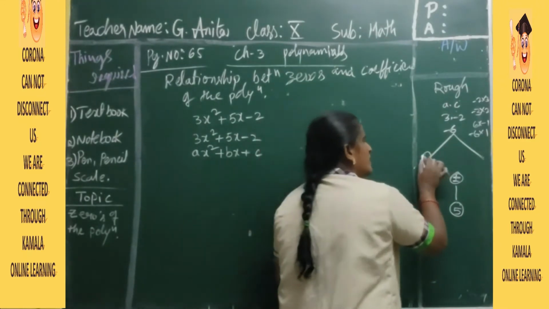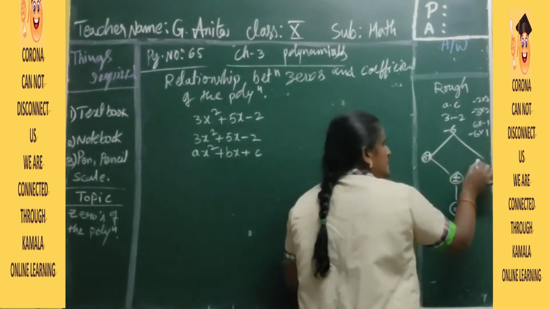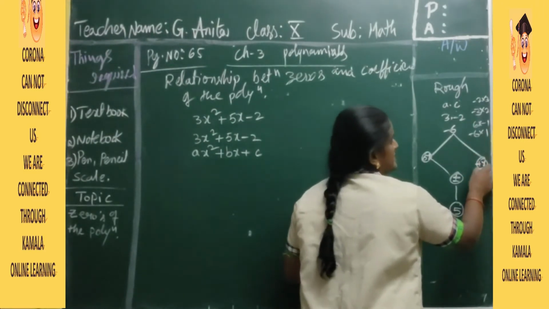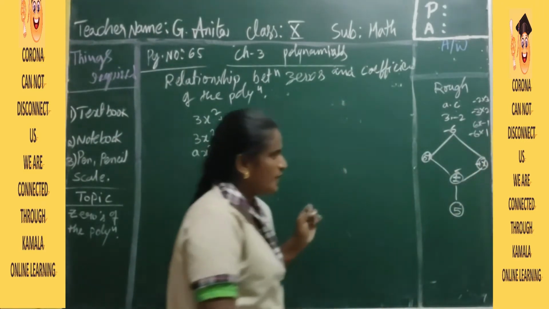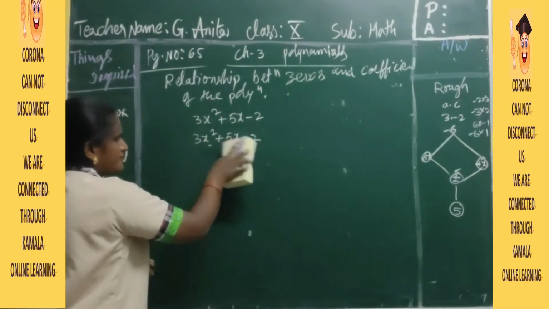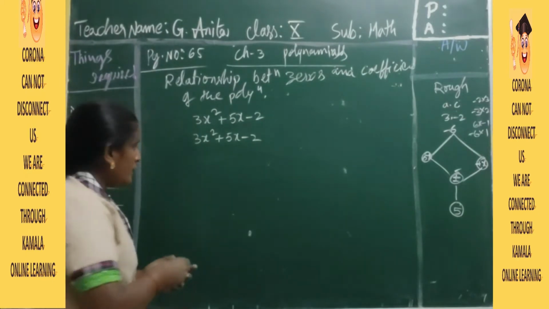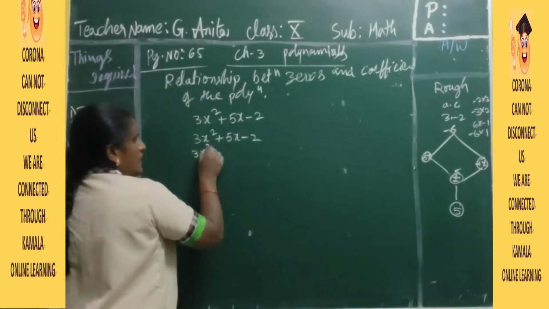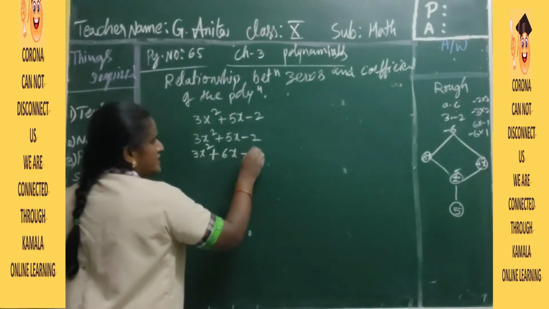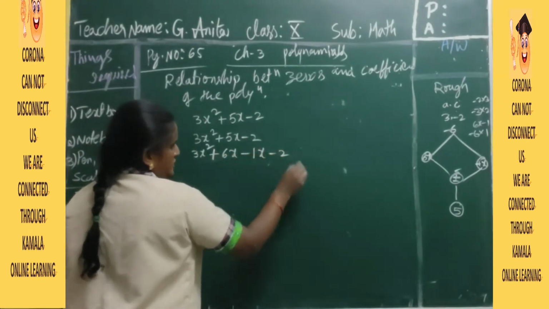That's the reason: here 6x and here minus 1x. So again this can be written as 3x square plus 6x minus 1x minus 2.